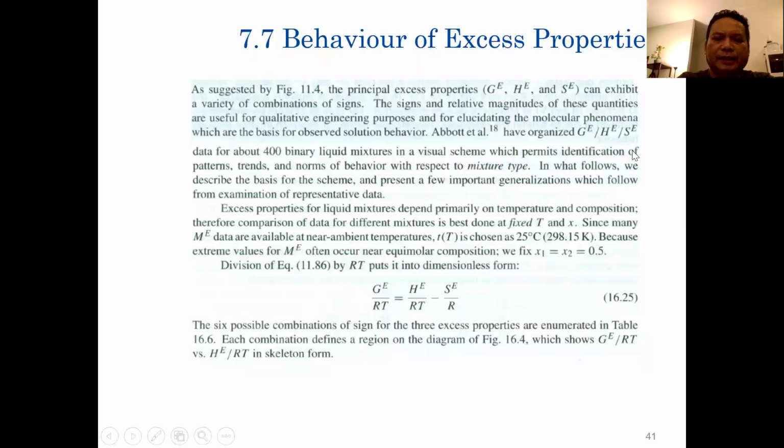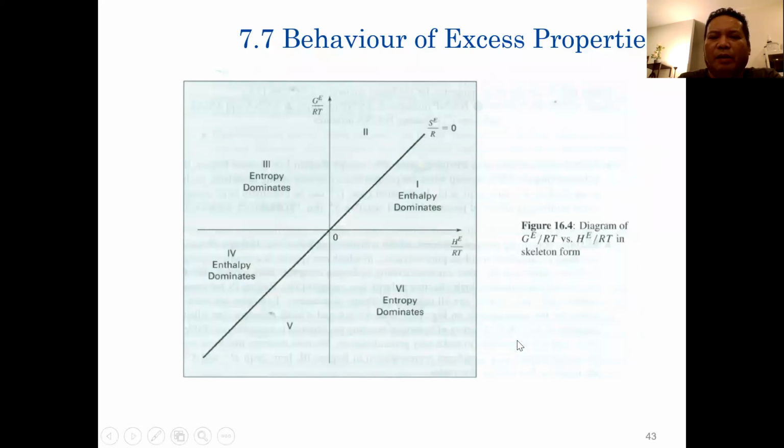The next section is on the behavior of excess properties. As you can see here, we have known already that GE over RT is HE over RT minus SE over R. With this, we can plot it in this form, with sections 1, 2, 3, 4, 5, and 6.